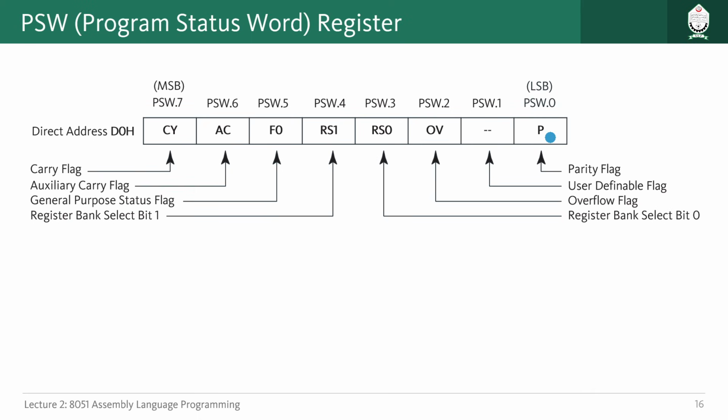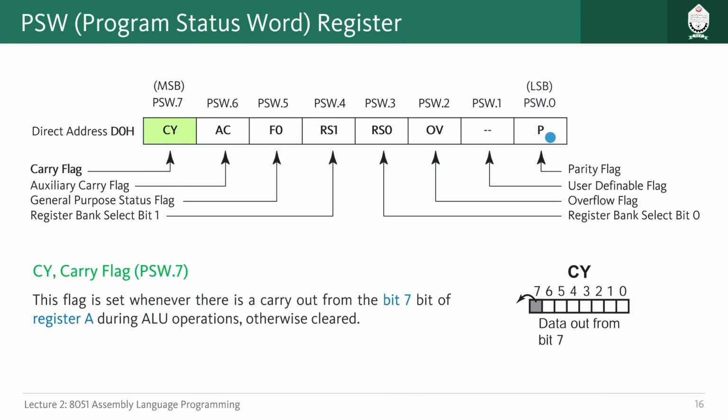So let us start with carry flag, PSW.7. Whenever you are trying to do some kind of arithmetic operation like addition or subtraction, there can be situations where from the last bit or most significant bit of register A, we have an extra bit coming out to bit 8 basically.